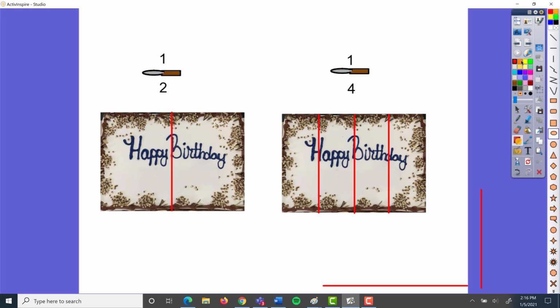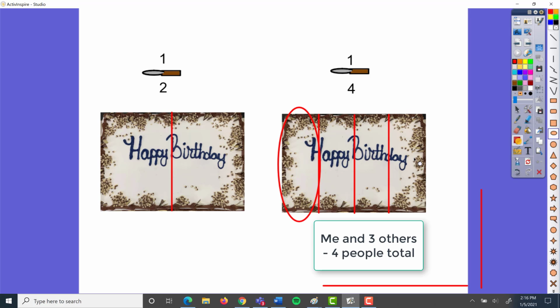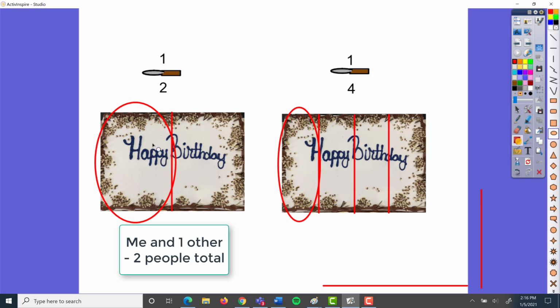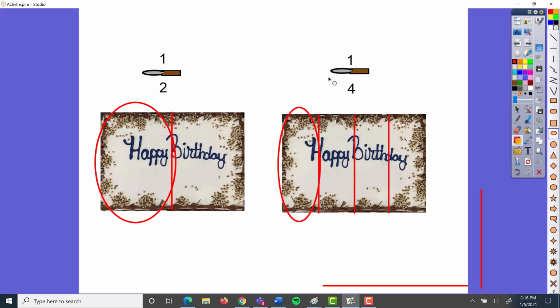So if I get 1/4 of the cake, that means I get 1 of these pieces of a cake that I'm sharing with 4 people. If I get 1/2 of the cake, though, that means I'm getting 1 of these pieces that I'm only sharing with 2 people. So clearly 1/2 is bigger than 1/4.